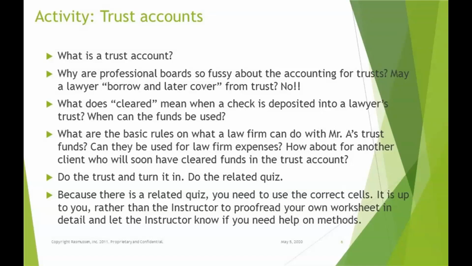Let's say that somebody else put $20 that was supposed to go in the trust account into the business account, or vice versa. They put too much into the trust account, and the trust account has too much money in it or too little. I want you to be able to catch that and see what's wrong.